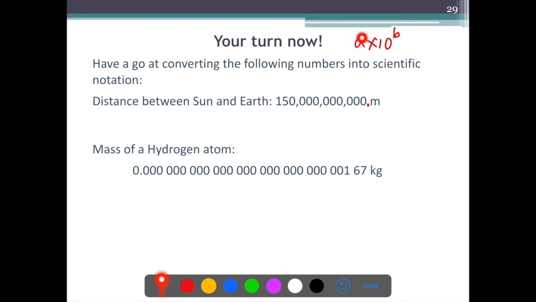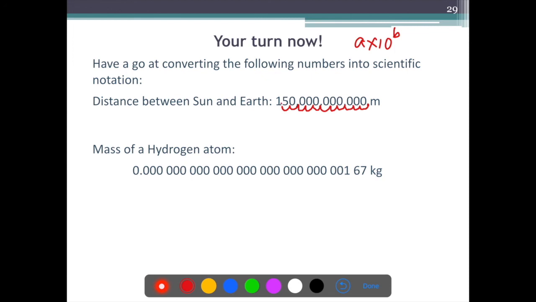So to get A, we need to move this decimal point to the left so that we have a number between 1 and 10. So you go 1, 2, 3, 4, 5, 6, 7, 8, 9, 10, 11.